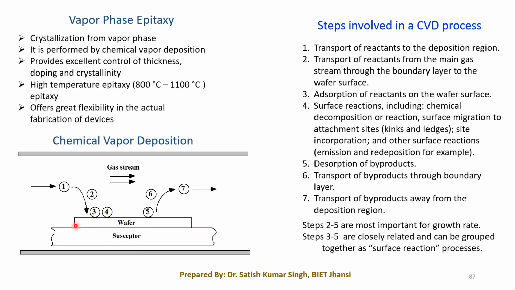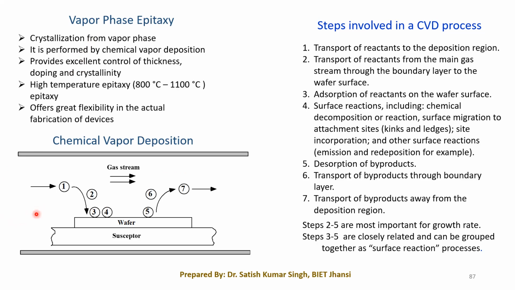Our wafers will be placed over here, and within this chamber we have to control the ambient. If it is atmospheric pressure, then we have to keep it at atmospheric pressure. It should be clean, with no contamination within the chamber. As the name suggests, this is vapor phase epitaxy.